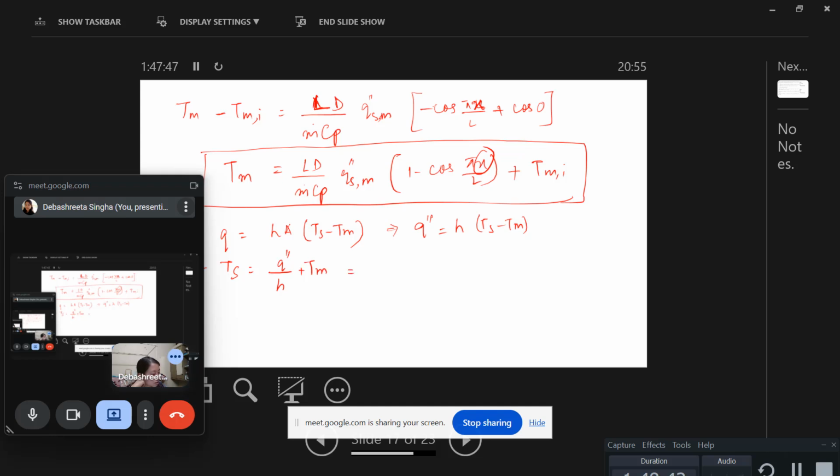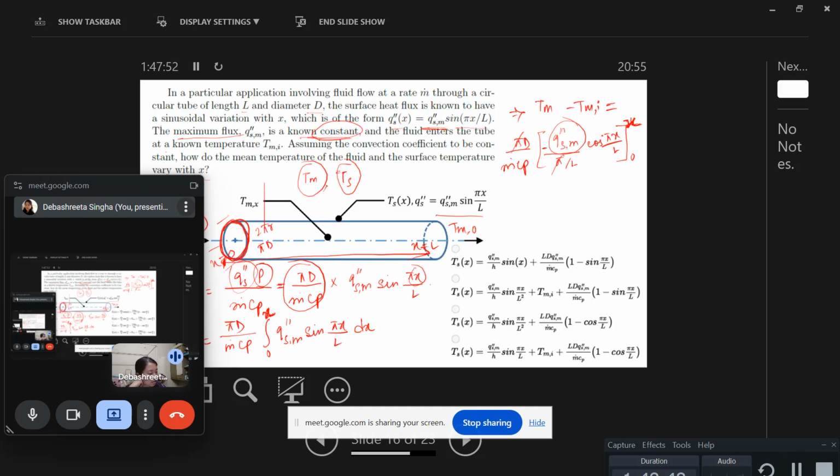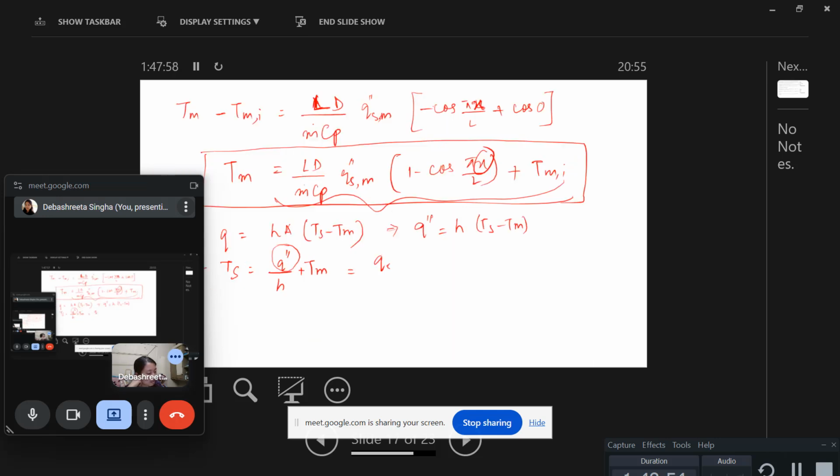Tm is this whole expression, and Q double dash is Qsm sine pi x by L. So Ts equals Qsm sine pi x by L divided by h, plus L d Qsm by m Cp times 1 minus cos pi x by L, plus Tmi. This is how Ts varies with x.